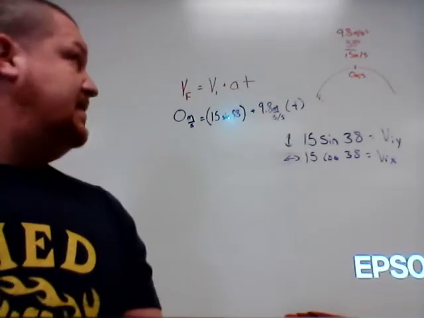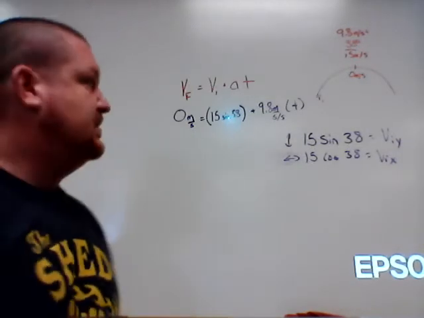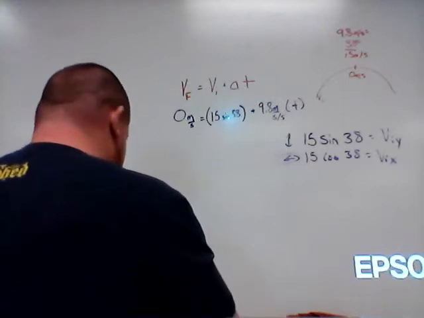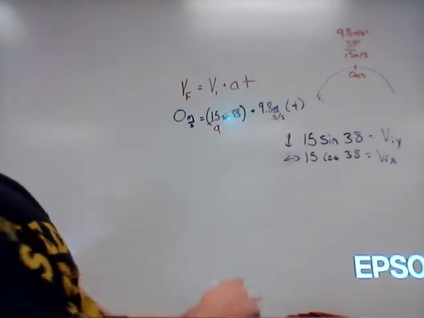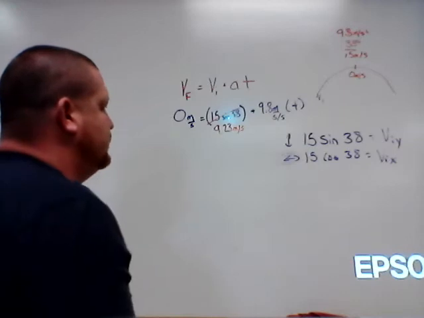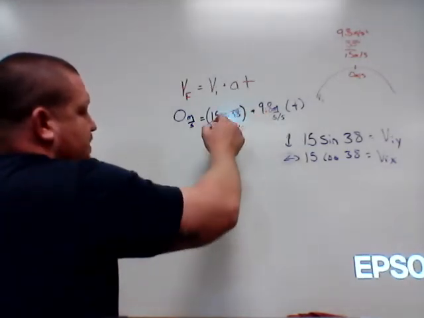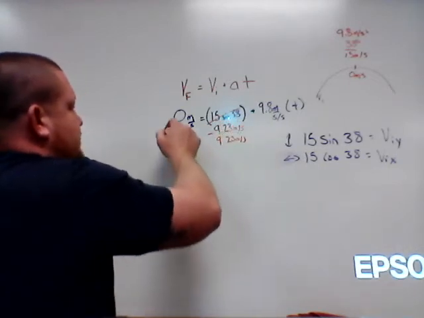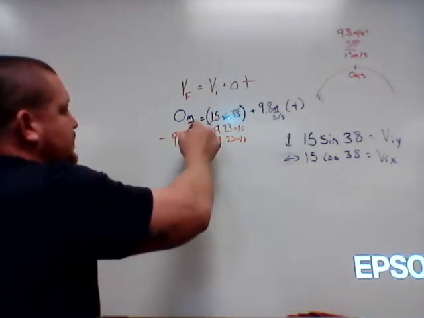If I work that out, this is 9.23 meters per second. So we're going to go ahead and subtract 9.23 meters per second from this side, and whatever we do to one side, we must do to the other side.